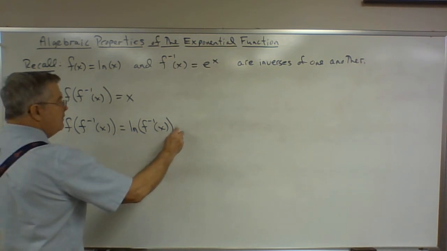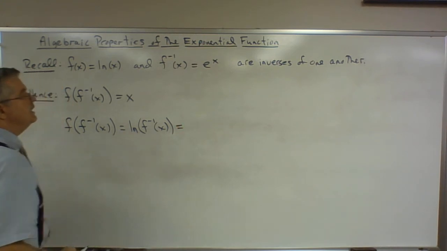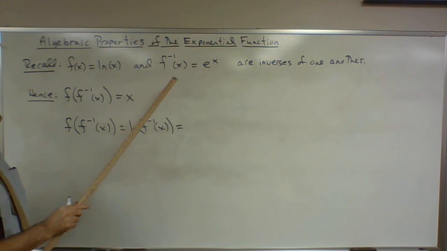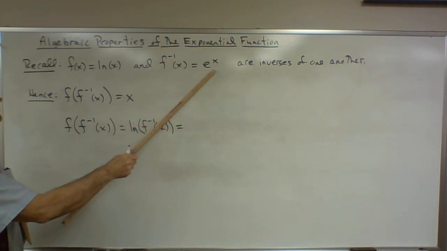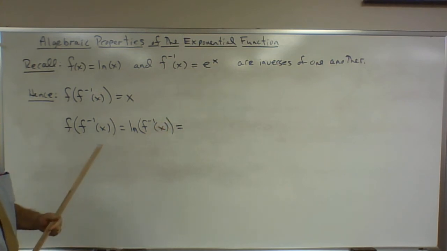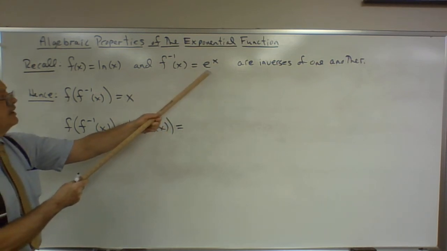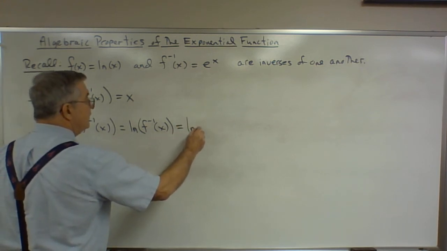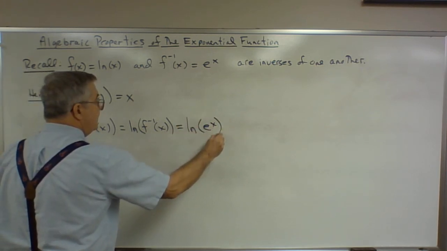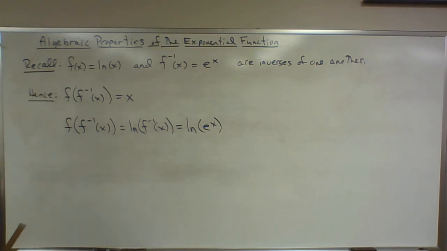And then to figure out what this actually turns out to be, we realize that f inverse of x is the same as e to the x, so we make that substitution. We'll substitute e to the x for f inverse of x and get natural logarithm of e to the x.